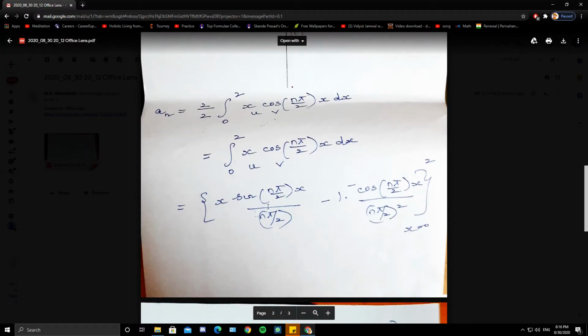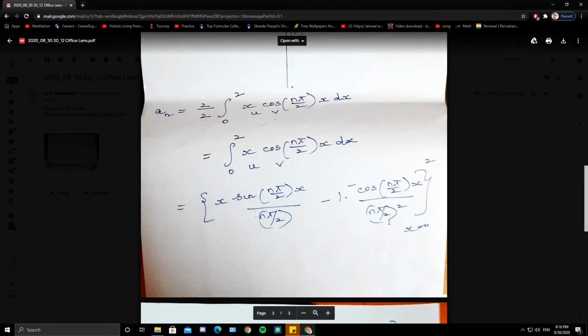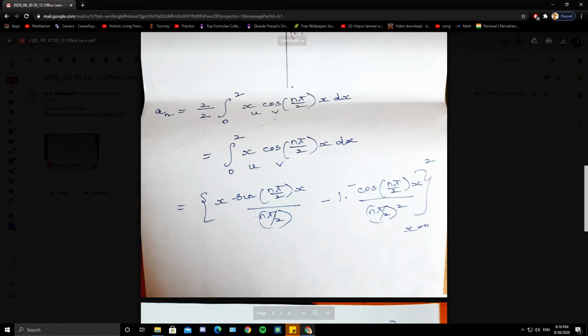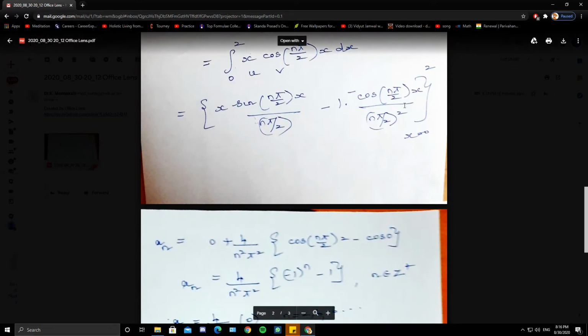The sine function is 0 for both the limits. When x is 2, sine n pi is 0, and when x is 0, sine 0 is 0. So the first term is 0 for both the limits. The second term is 4 by n square pi square into cos of n pi by 2 into 2, that is cos n pi minus cos 0.